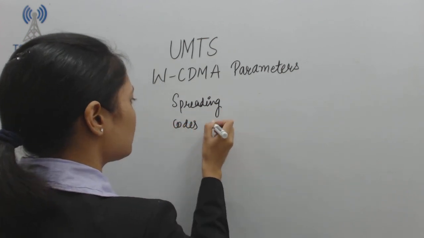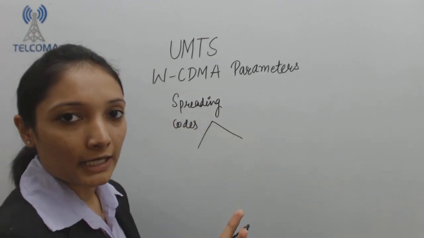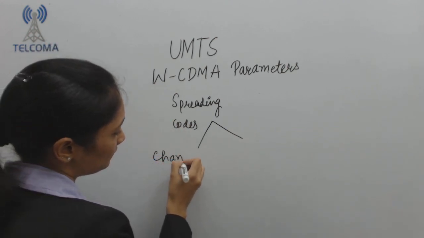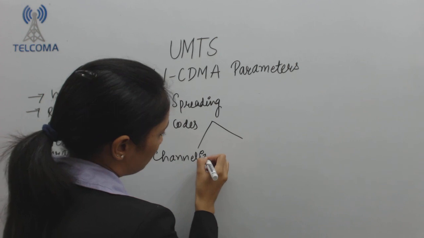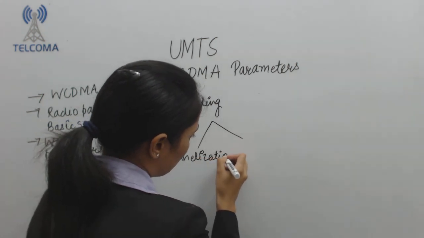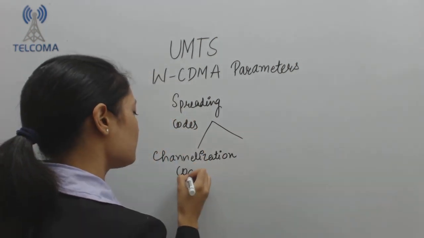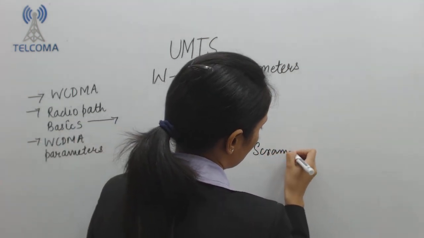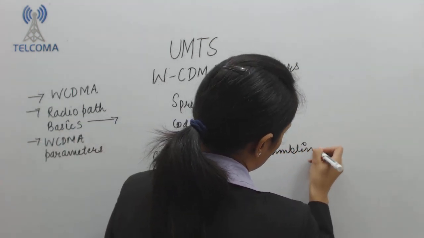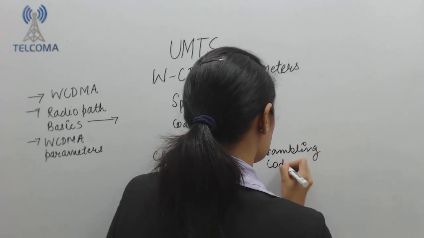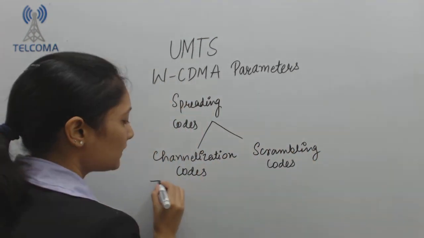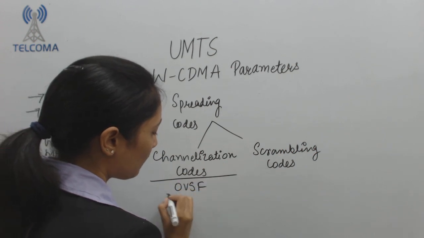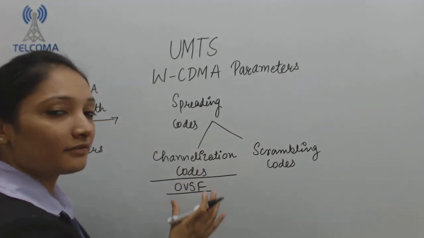It uses two different kinds of spreading codes. First one are the channelization codes, and another one are the scrambling codes. The channelization codes are also referred to as OVSF, orthogonal variable spreading factor.